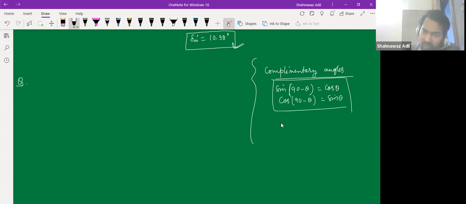So let's say if I want to calculate sine of 35. I can write this 35 as 90 minus how much? 55, right? 90 minus 55 is 35.